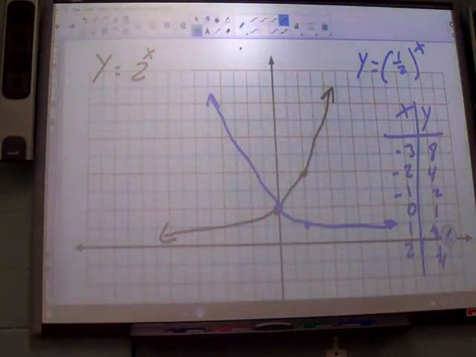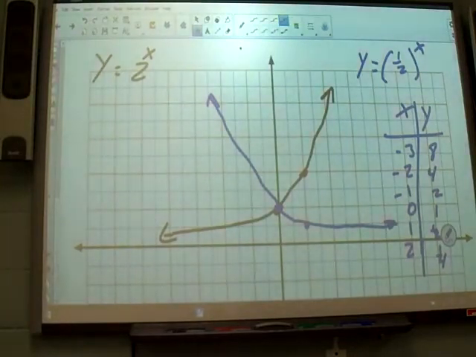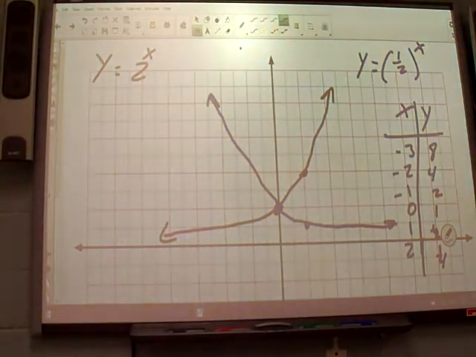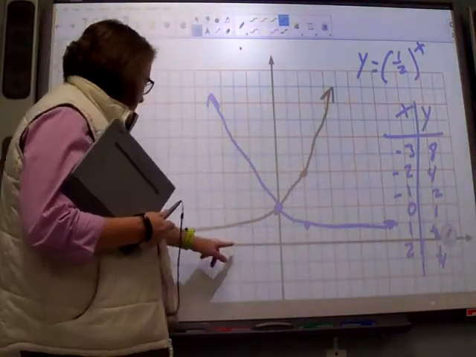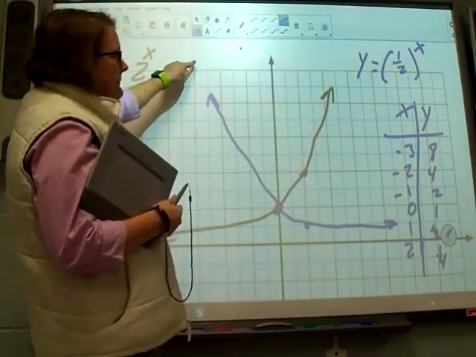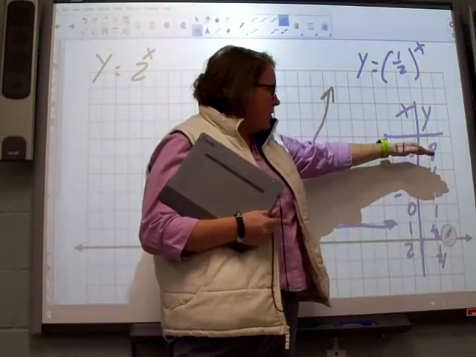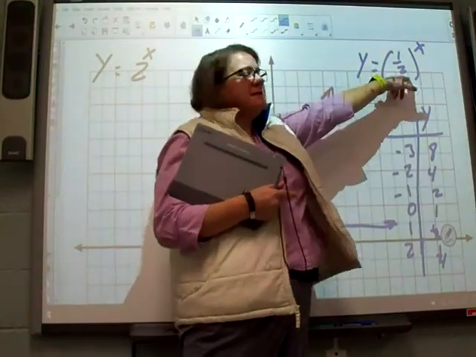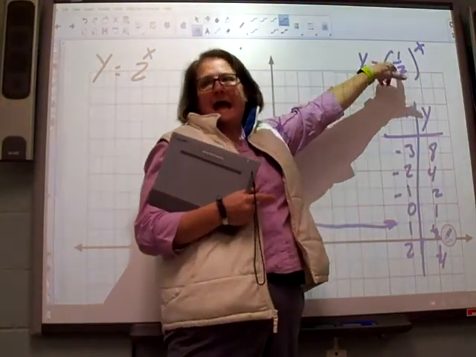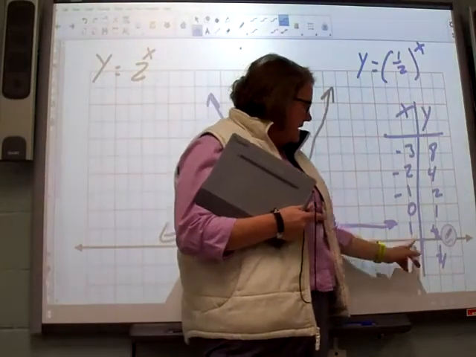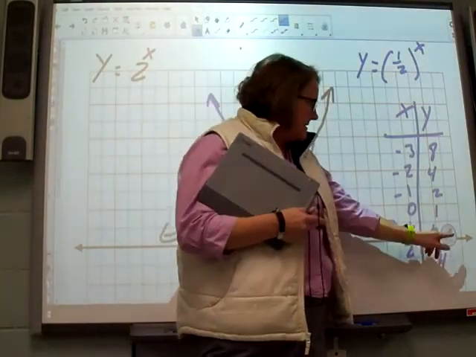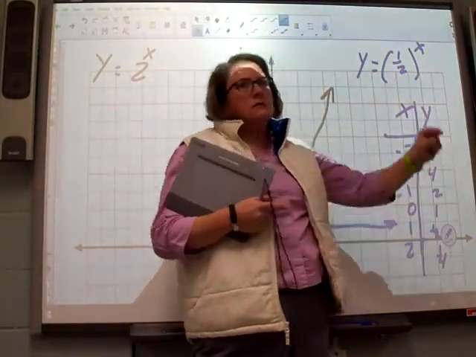Okay, so let's talk about what these y's tell us. Over here at -3, it was all the way up at 8. But then it came down half to 4, and then half to 2. And the reason they're halving is because that number is a half. But what do you notice the farther it goes on the x-axis? They get smaller and smaller.